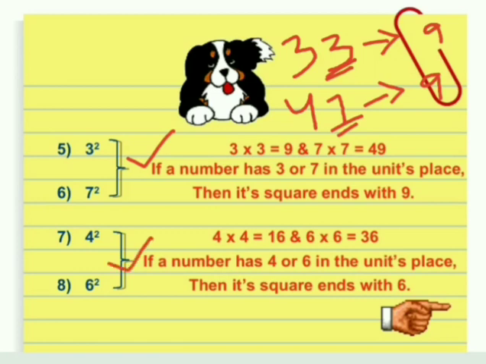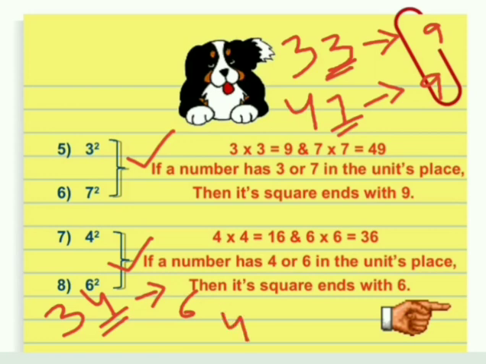Fourth one is, if a number has 4 or 6 in the unit place, then the square ends with 6. It means if we have a number with 4 at its unit place, then when we do the square of this number, in the unit place we will always get 6.